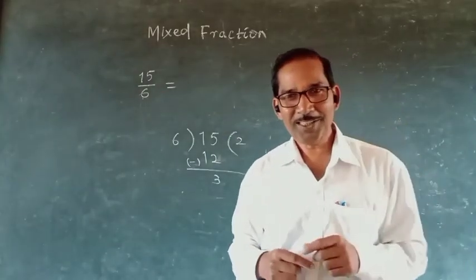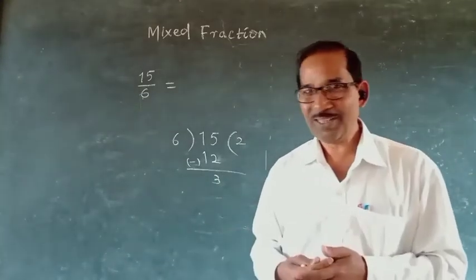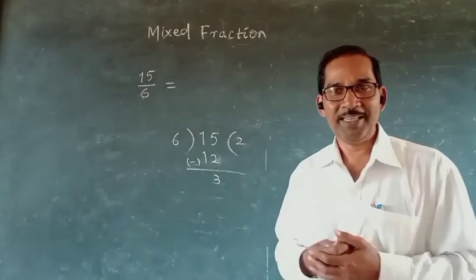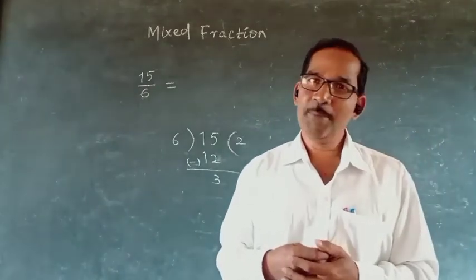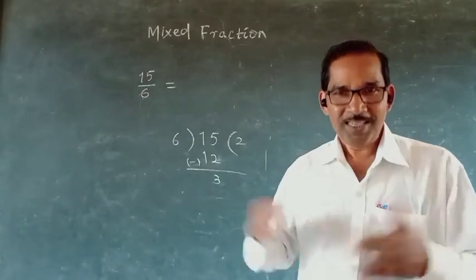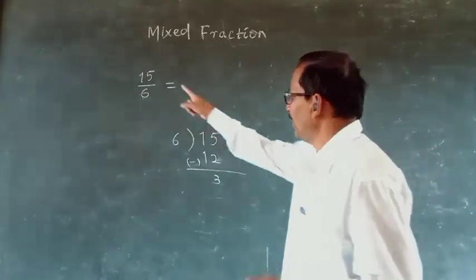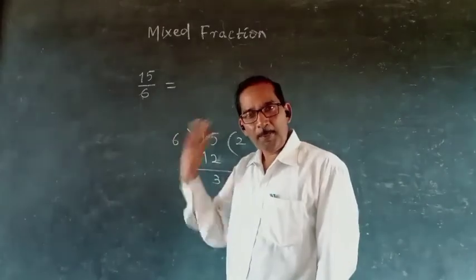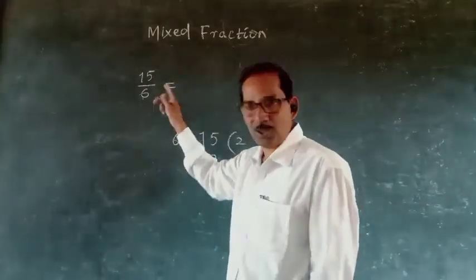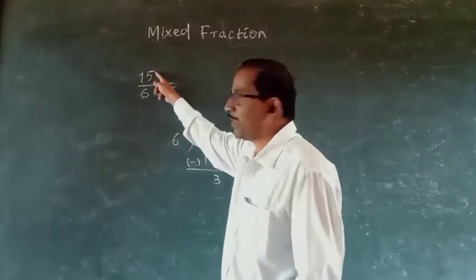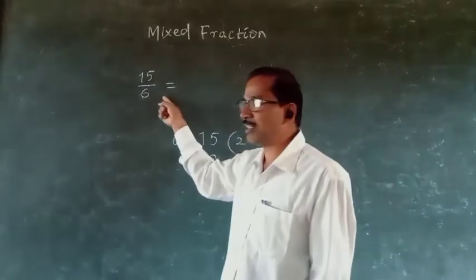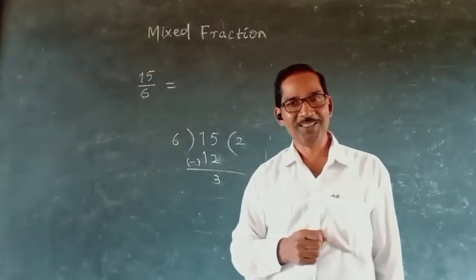So how can we convert the improper fraction into a mixed fraction? Now I am showing you here. I have already told you every fraction is a division. So 15 by 6 is also a division. Here 15 is the dividend, that means bhajya, and 6 is the divisor.